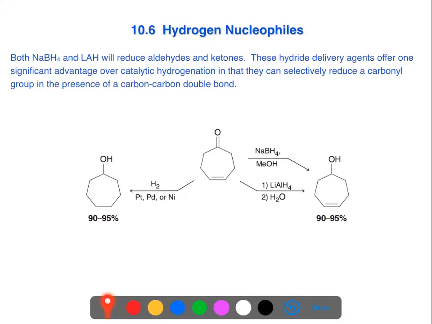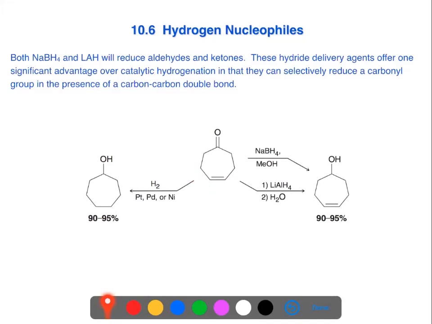Whereas if we were to carry out catalytic hydrogenation in the presence of a metal catalyst, we would observe both reduction at the carbonyl group as well as the alkene. So these new hydrogen nucleophiles are selective towards reduction of carbonyls, but are unreactive towards the alkene.